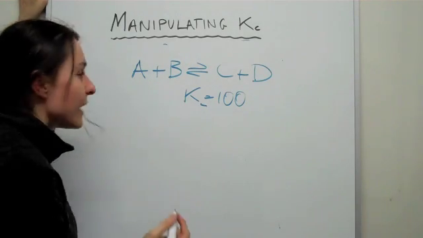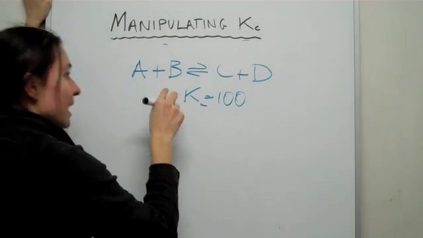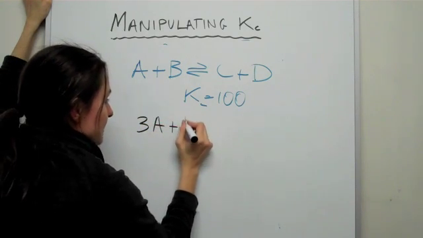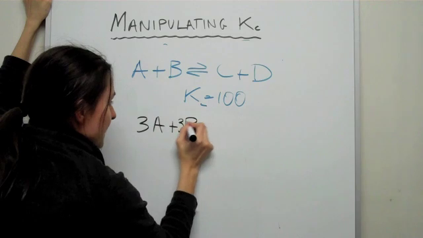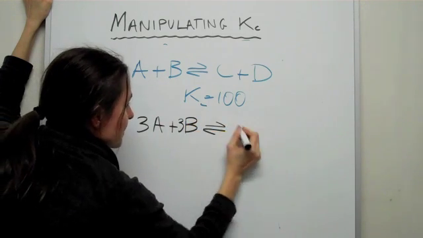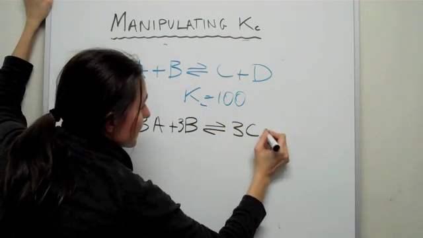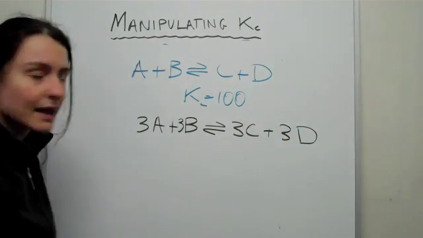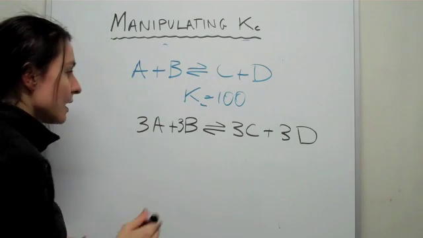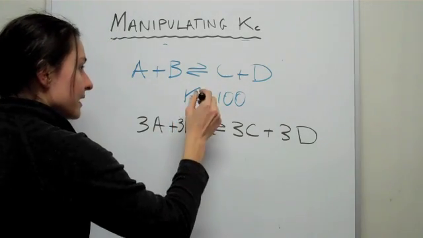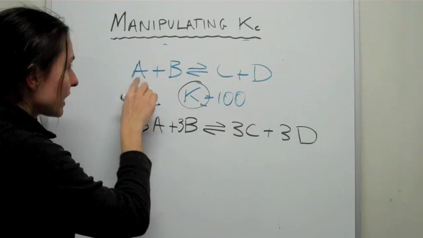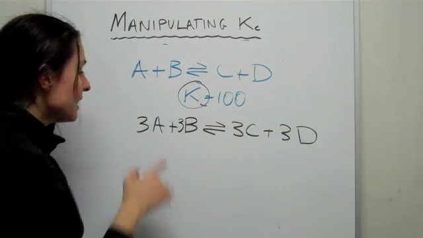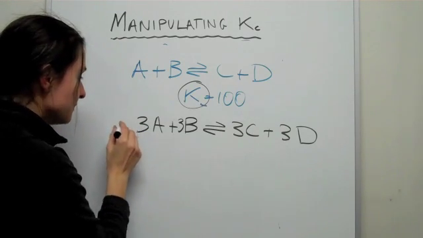Let's say we have multiplied it and gotten the equation 3A plus 3B gives us 3C plus 3D. If you're manipulating it straight from here, you have to look at the difference between this equation and that equation. As you can tell, it's been multiplied by 3.